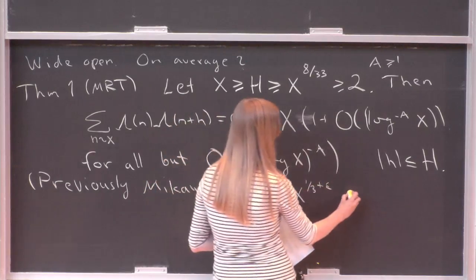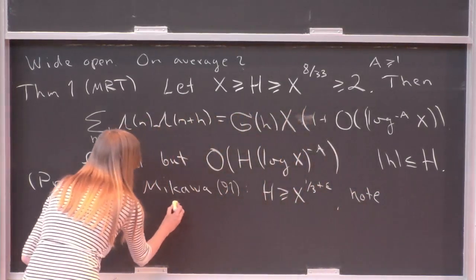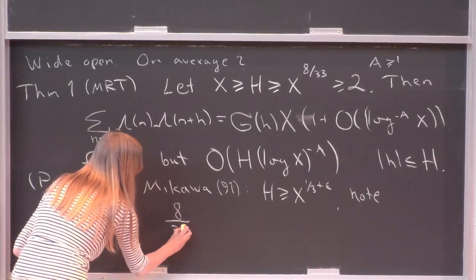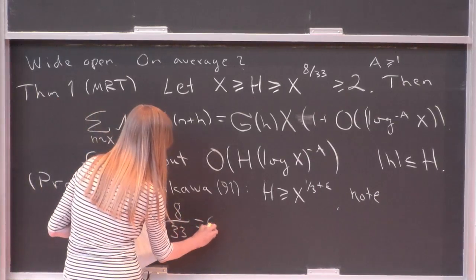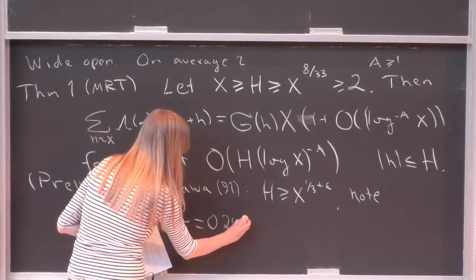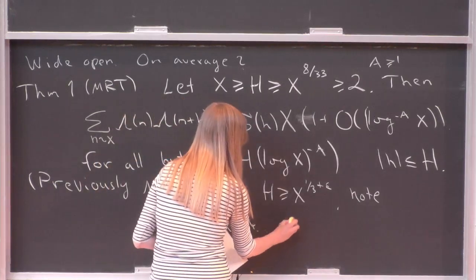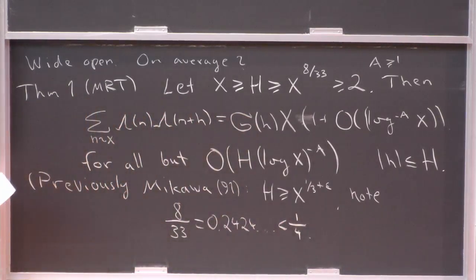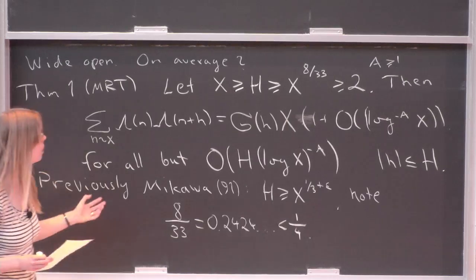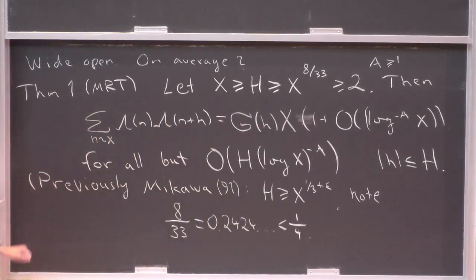Here we note that our exponent 8/33 is 0.242424 and so on, which is somewhat smaller than 1/4. And so we have been able to push this result of Mikawa quite a bit further by going below 1/4.